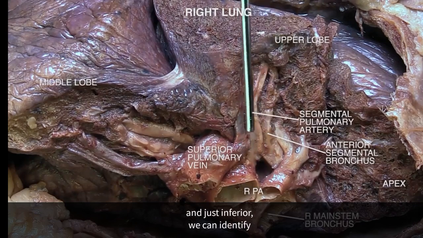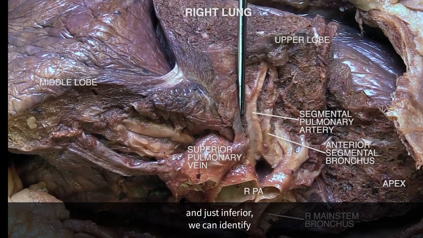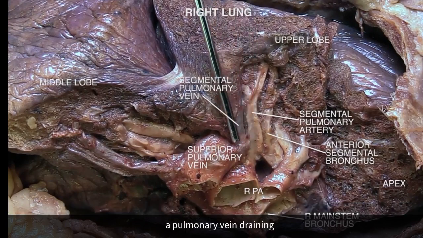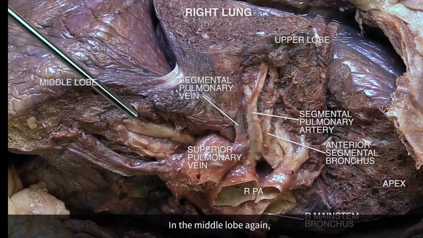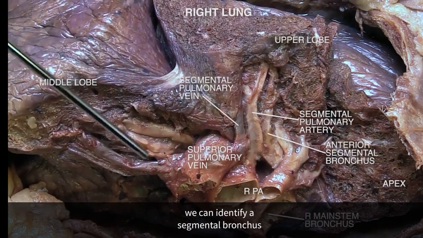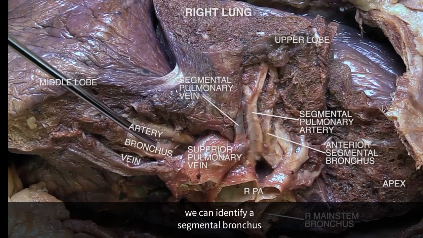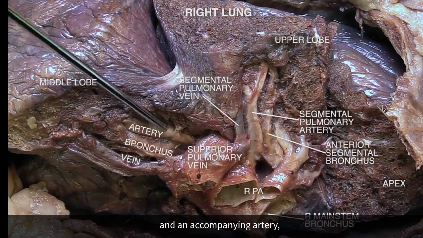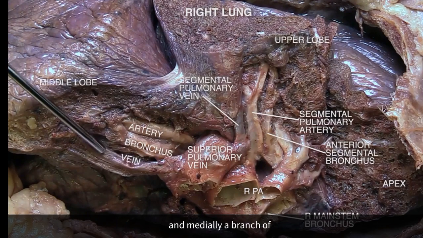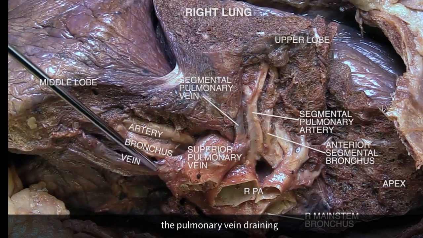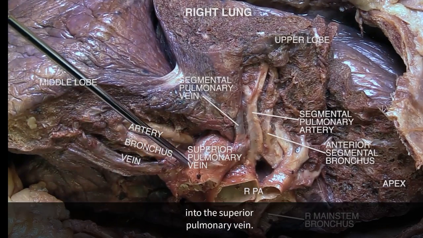And just inferior, we can identify a pulmonary vein draining into the superior pulmonary vein. In the middle lobe, again, we can identify a segmental bronchus and an accompanying artery, and medially, a branch of the pulmonary vein draining into the superior pulmonary vein.